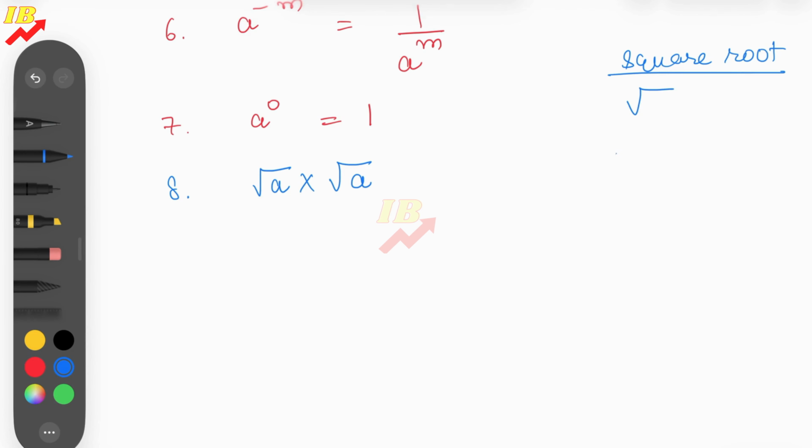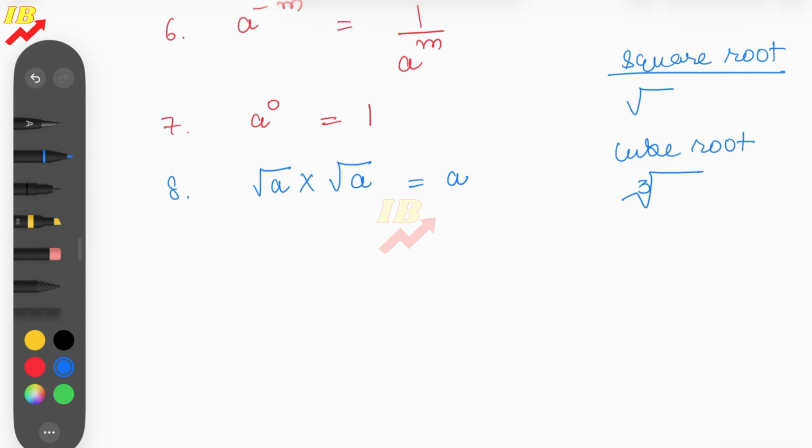When we see a cube root, then the number is going to be in a group of 3. Similarly, it will go on changing, which means that if you see a power of 4, that means there is a group of 4 numbers as one pair. Okay. So if you multiply root a and root a, that is going to give you a.